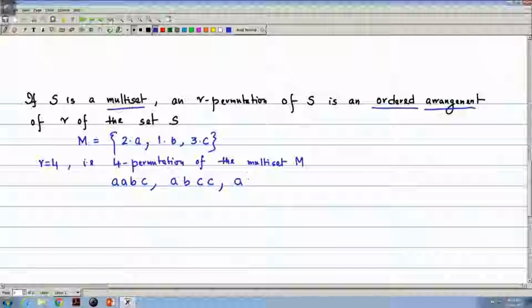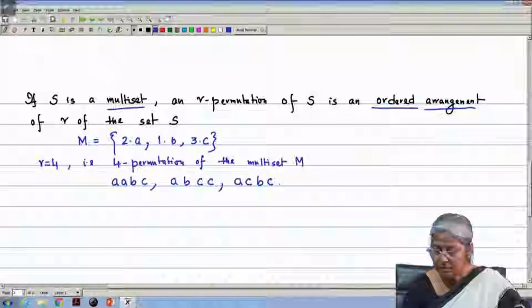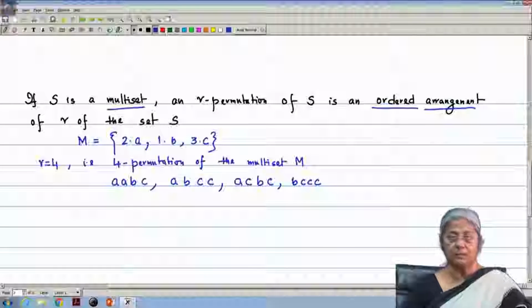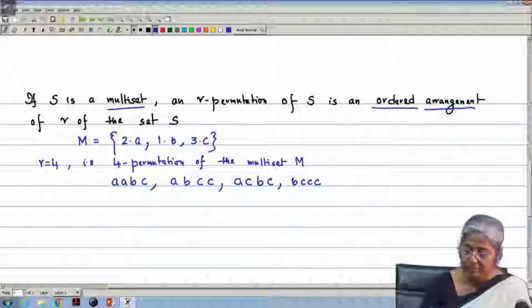Since it is ordered, I can take A C B C. I can take this type of ordered permutation. Or it may be B C C C, that is again another ordered permutation.